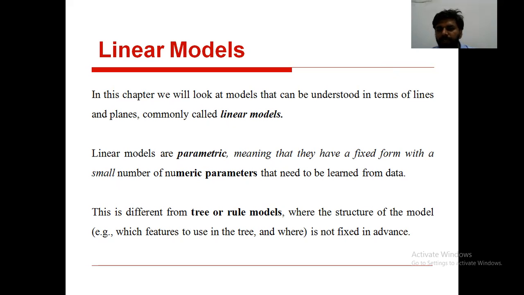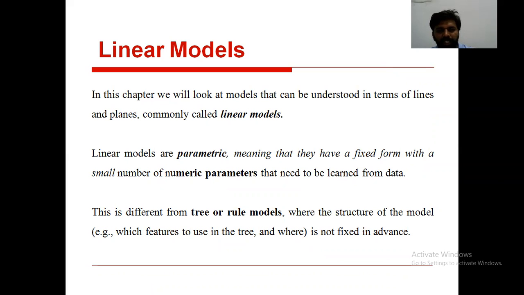In the instance space, we represent the instances. Those instances are separated or divided by using lines and planes. Linear models are mostly used to perform regression tasks as well as classification tasks.